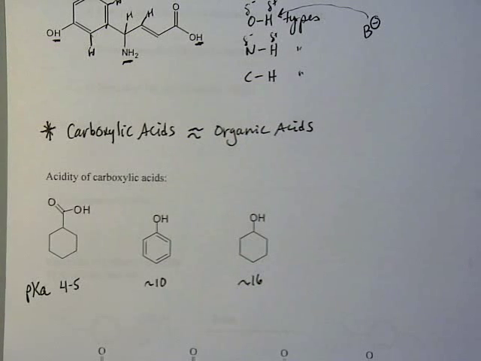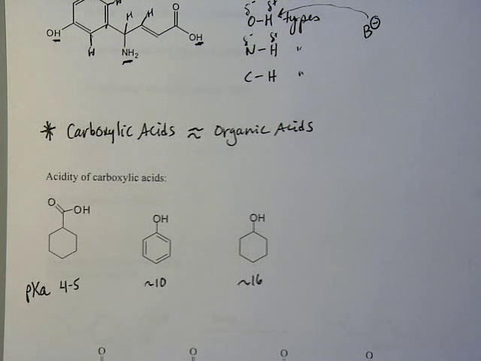If you're comparing to sulfuric acid or hydrochloric acid, the inorganic acids, this is nowhere near as acidic as those. But if you only compare organic compounds, you'll see that the carboxylic acids are the most acidic of organic compounds.